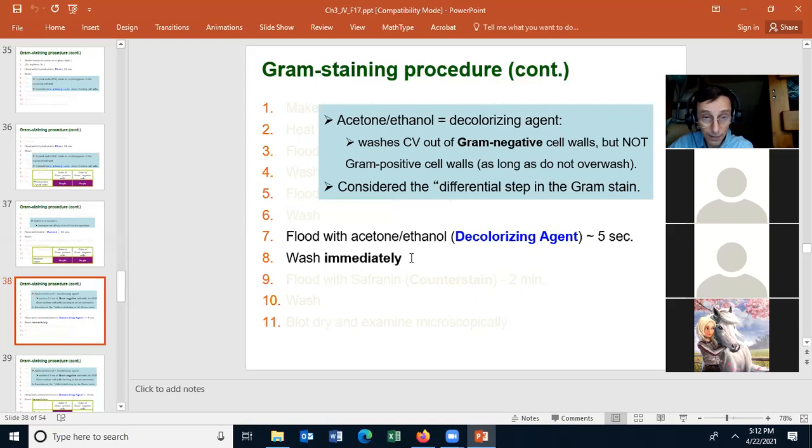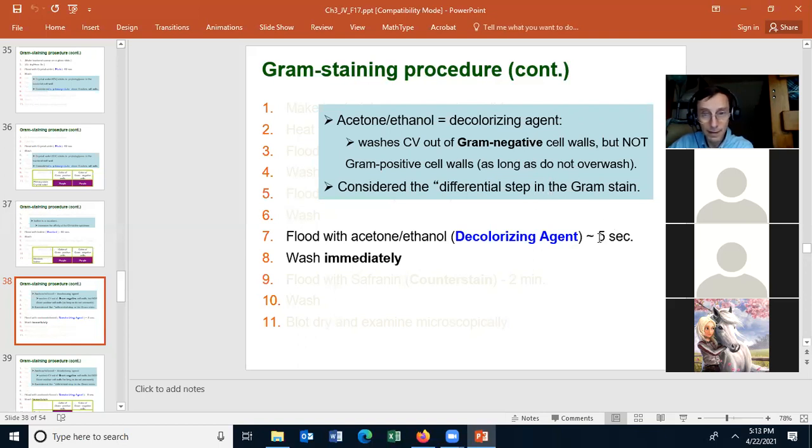So you wash the cells immediately with cold water. The acetone ethanol washes out the crystal violet iodine complex from the gram-negative cell walls, but not from the gram-positive cell walls, as long as you do not overwash.